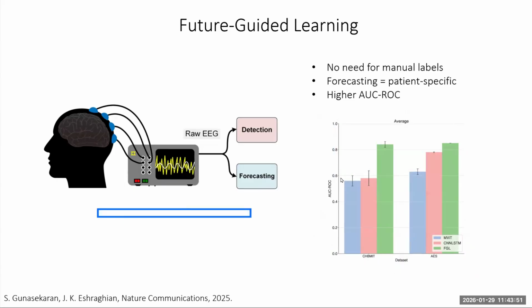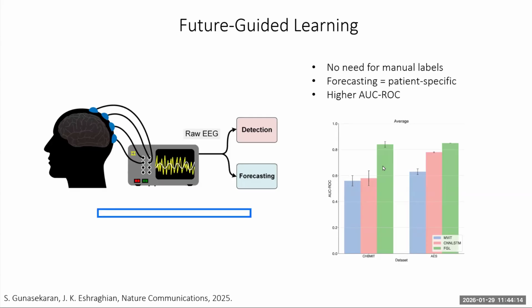The AUC ROC, just if you're not familiar with the area under the receiver operating characteristic curve, just think of it as an alternative metric for accuracy in very imbalanced data sets. In green is future-guided learning, blue and red were the prior SOTA methods for seizure forecasting, and we're quite comfortably doing better than what was the state of the art before that.